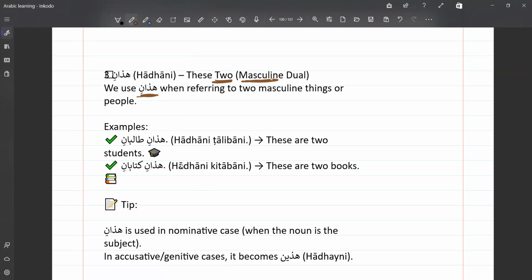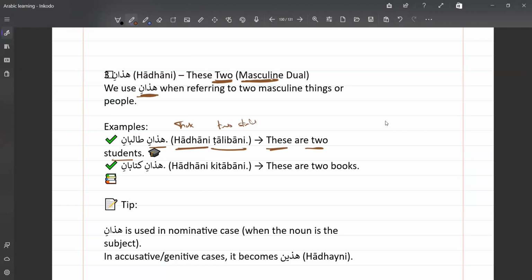For example, if you want to say these are two students, you will say هذان طالبان. هذان means these and طالبان means two students.